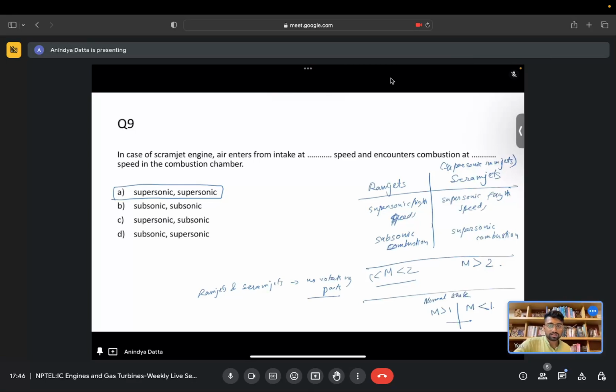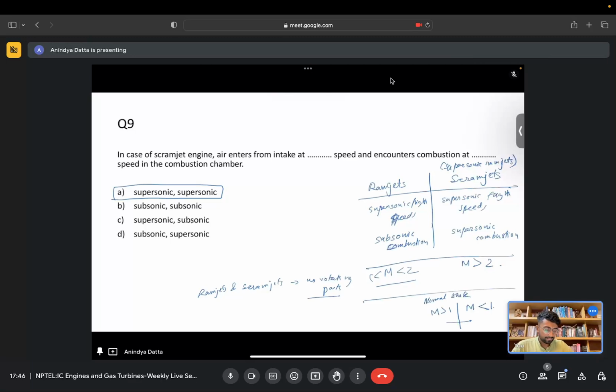Now when the flow velocity is greater than the speed of sound, since the pressure waves travel at a lower speed than the flow, all the information doesn't get communicated throughout the flow. That's why we get a shock.